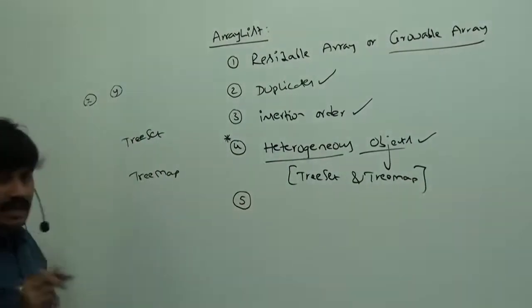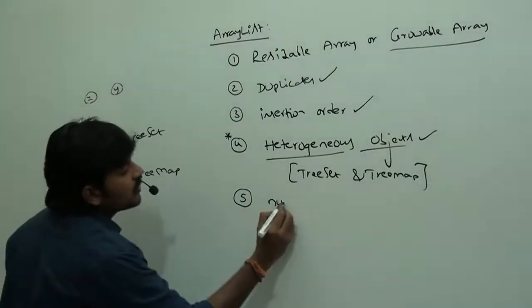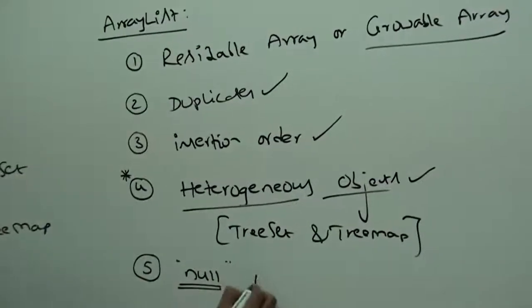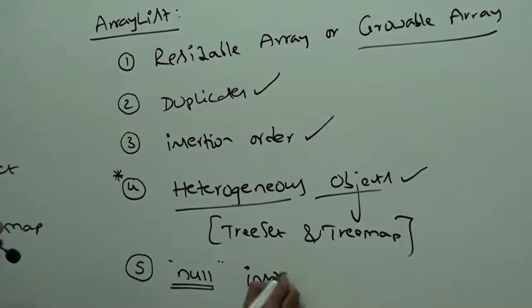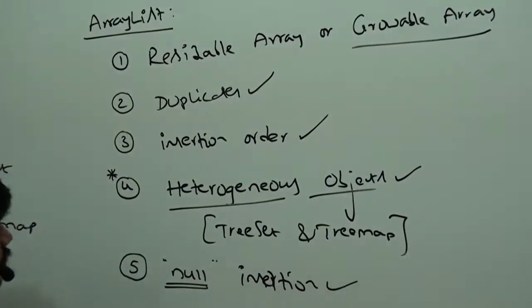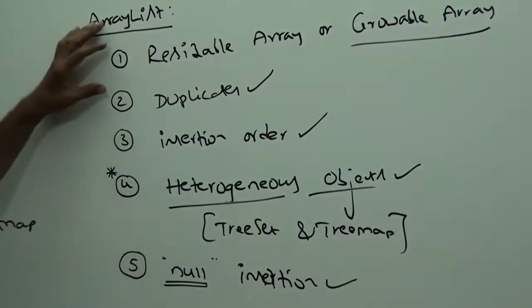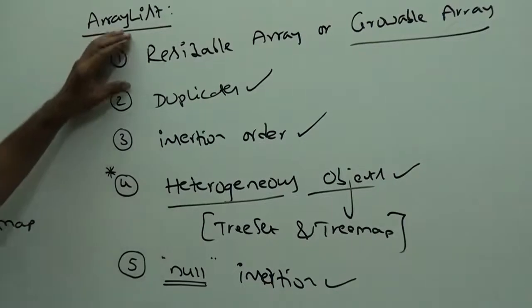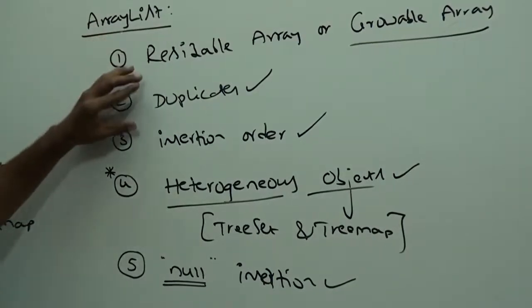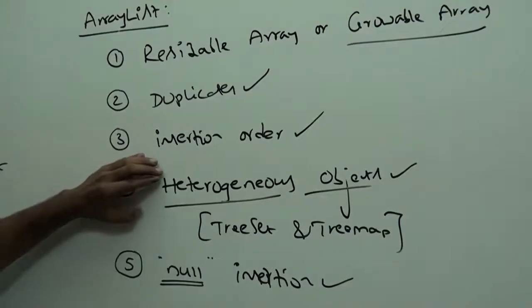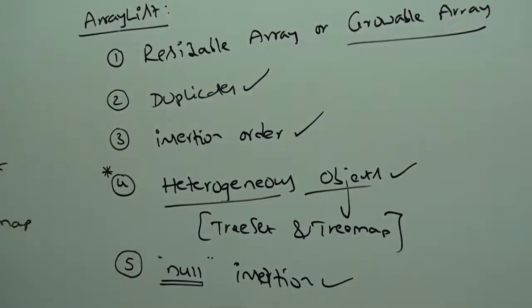Next, null. Is it possible to insert null or not? Null insertion is possible. Are you getting it? So these are some important points related to ArrayList: what the underlying data structure is, duplicates are allowed, insertion order is preserved, heterogeneous objects are allowed, null insertion is possible.